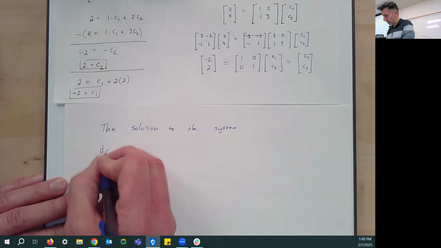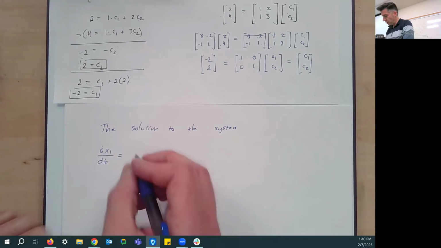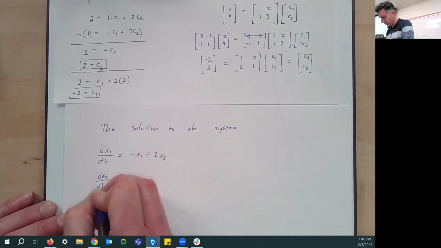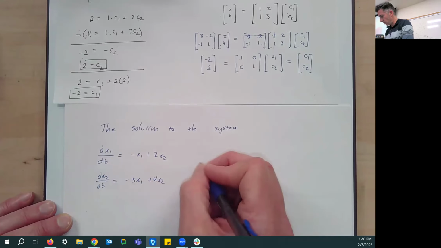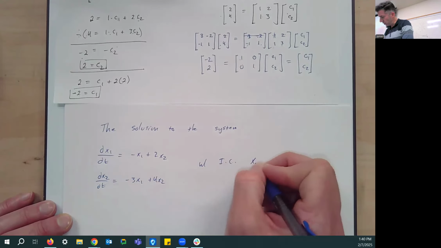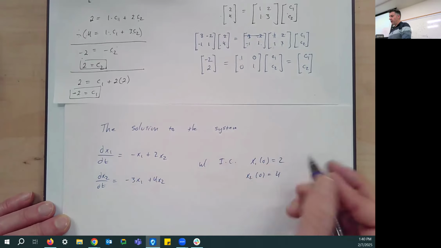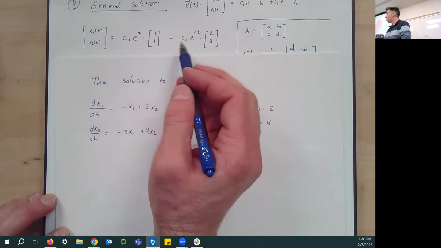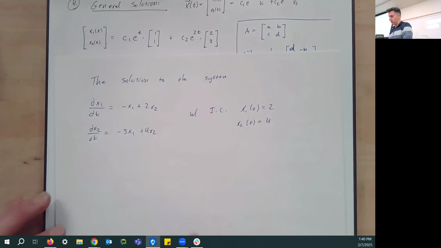It was dx1/dt equal to -x1 plus 2x2, and dx2/dt equal to -3x1 plus 4x2, with the initial condition that x1(0) is equal to 2 and x2(0) is equal to 4, is going to be this solution up here with the C1 and C2 values plugged in. C1 was -2 and C2 is +2.